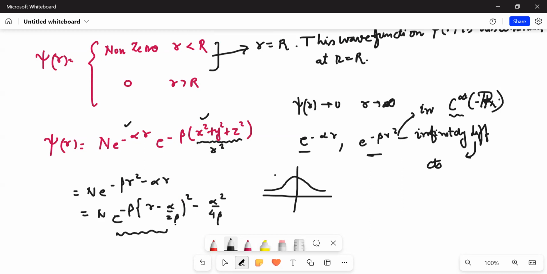This represents a Gaussian, and we know that this Gaussian is integrable from minus infinity to infinity, which gives us root pi by 2, and following that we can always find this N. So it is clearly square integrable, and clearly this indeed is a physically realizable wave function.